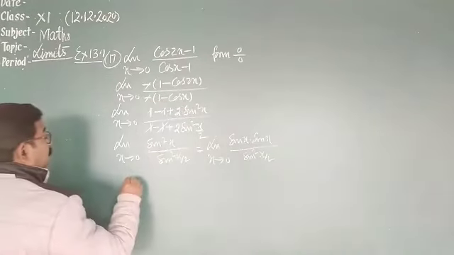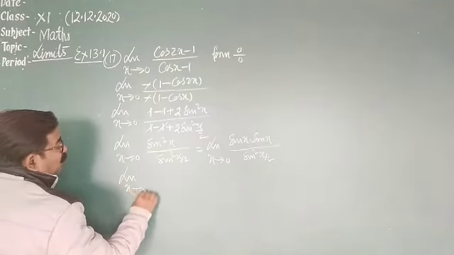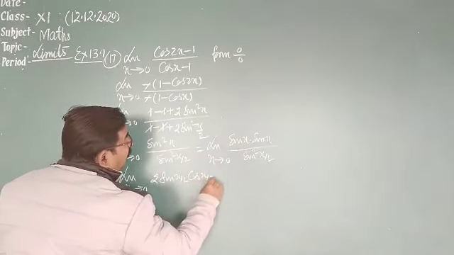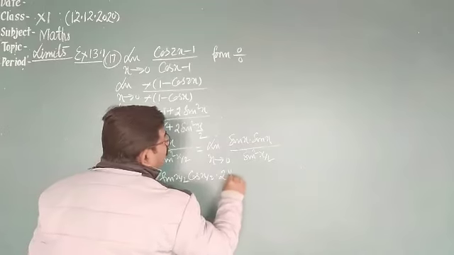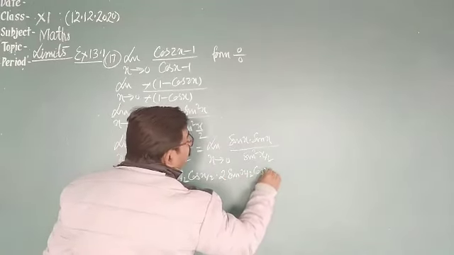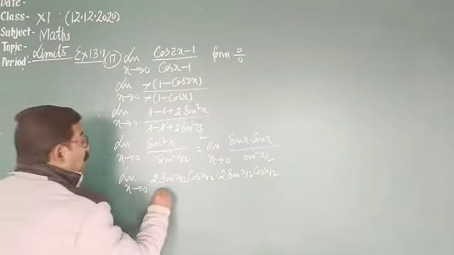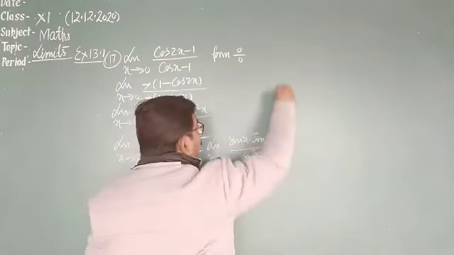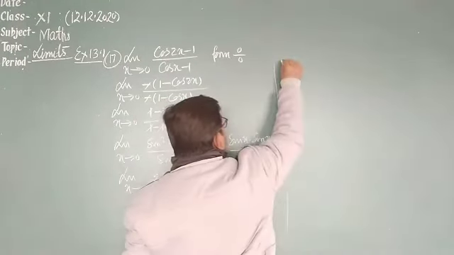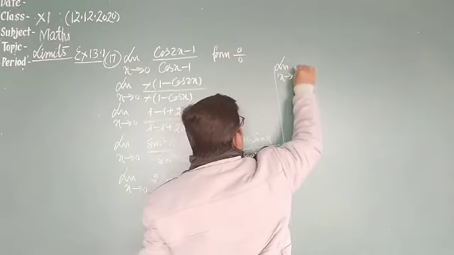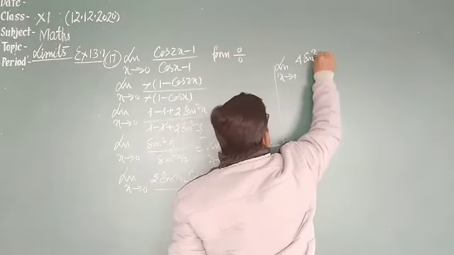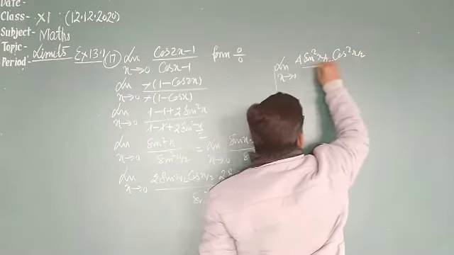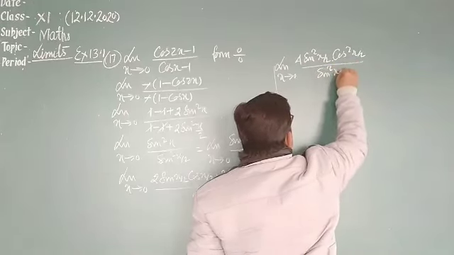This can be written as sin x into sin x upon sin square x by 2. This can be broken: limit x tends to 0, 2 sin x by 2 cos x by 2 into 2 sin x by 2 cos x by 2, upon sin square x by 2. What is the final result? We have limit x tends to 0 of 4 sin square x by 2 cos square x by 2 upon sin square x by 2.